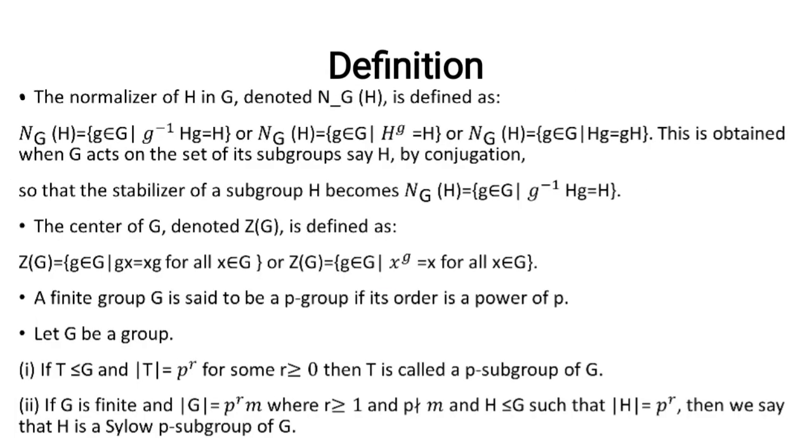The next definition you need to know is what we call the normalizer. It's similar to the normal subgroup. Okay, so you have H, that's a subgroup of G, and the normalizer is denoted this way. It's different from the normal subgroup, but it's similar in the sense that the definitions are almost the same, but now the element that is picked is from H itself.